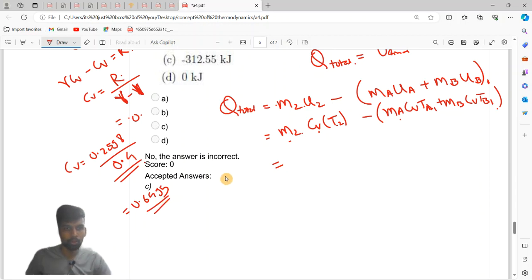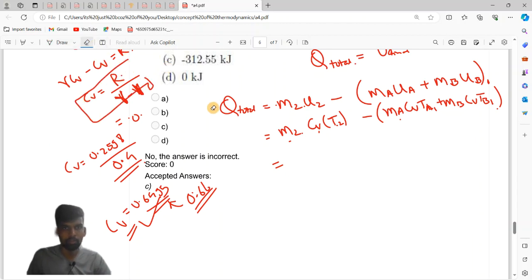Yes, it's nearly the same. They have used a value of 0.66 something, so we are getting almost the same value. This is how you calculate Cv if it is not given. Otherwise, they will provide Cv in the question itself. After doing all this, you will get the answer as C.